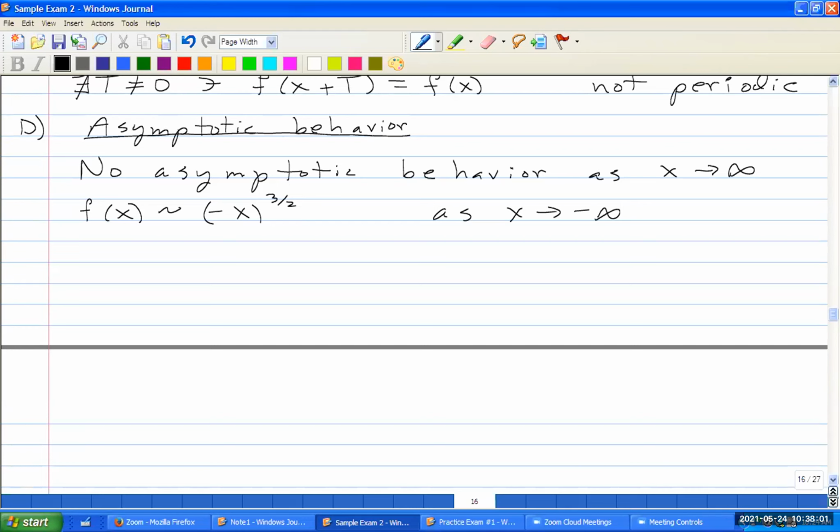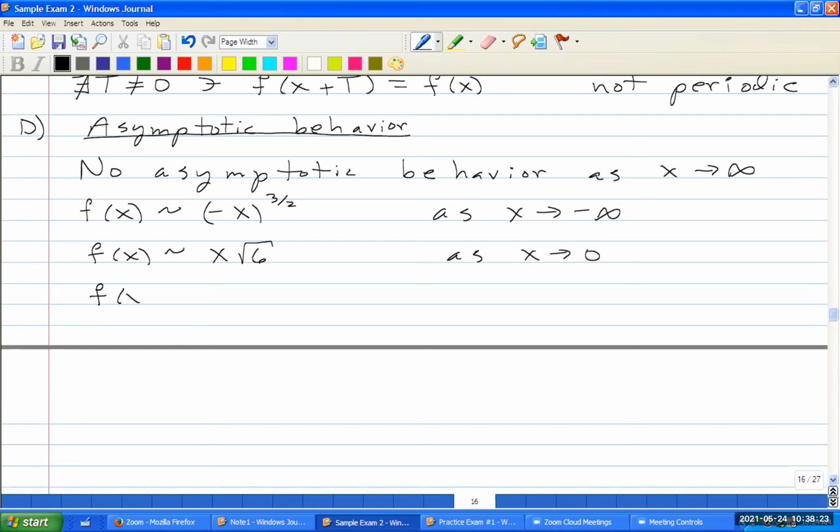And your function doesn't go off to infinity for any finite values. And we've already seen that as x approaches 0, it looks like x radical 6.